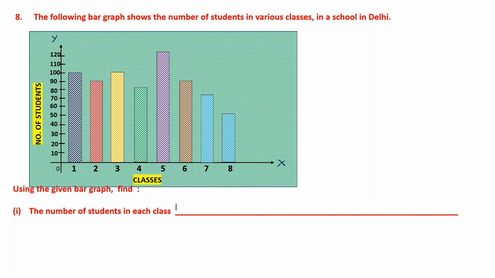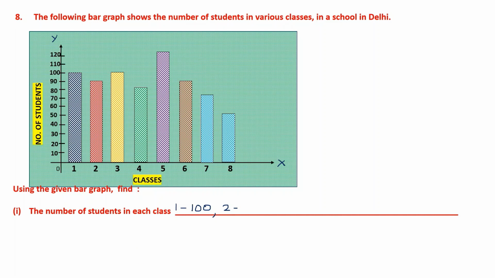In class 1, follow your bar, look at the topmost portion of the bar, keep your ruler in line with the y-axis and you will see that for the first bar it is 100 students. So in class 1, you have 100 students. Now let's look at class 2. Again follow the topmost portion of your bar and put it in line with the y-axis.